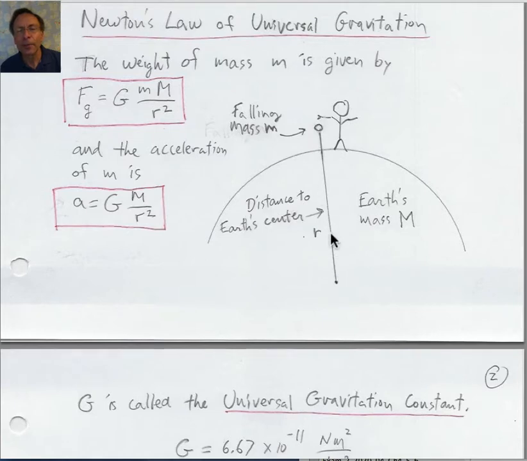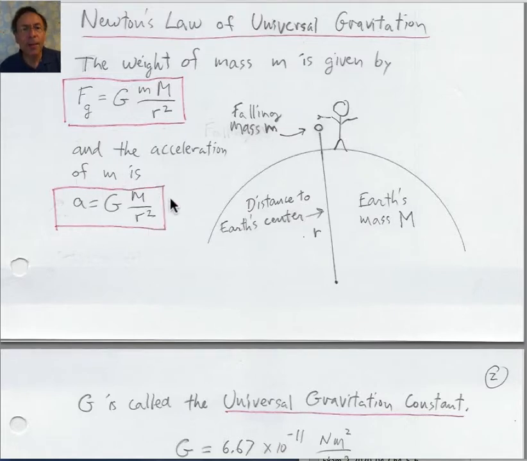So that's a few thousand miles. And then this capital G is a constant called the universal gravitation constant. So anyhow, you have this nice formula, and it'll tell you the weight of an object at any distance from the Earth. So it works even if you're way up out in space.